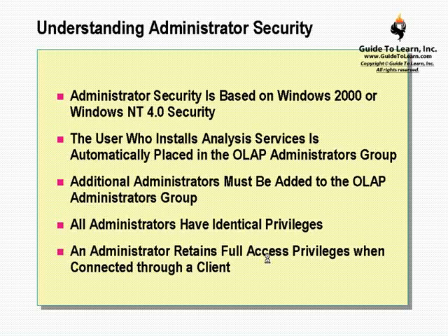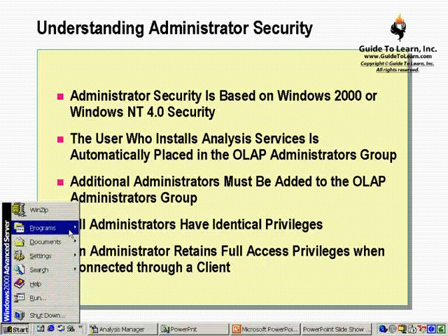As far as understanding administrator security, you have to consider that administrator security is based on Windows 2000 or Windows NT 4.0 security. So the user who installs analysis services is automatically placed into a particular administrator group. If you have Active Directory, a specific group gets created.